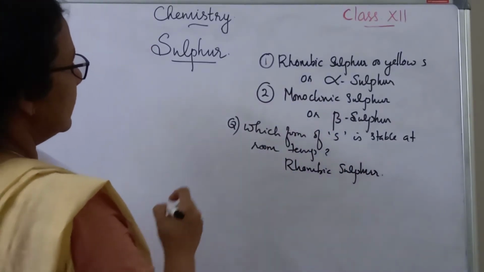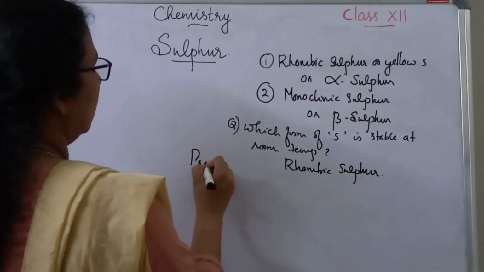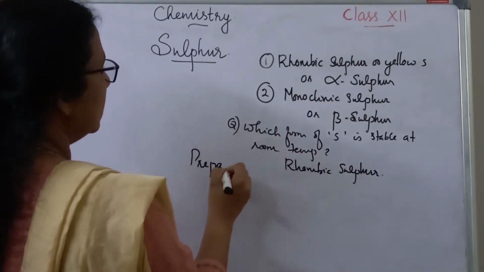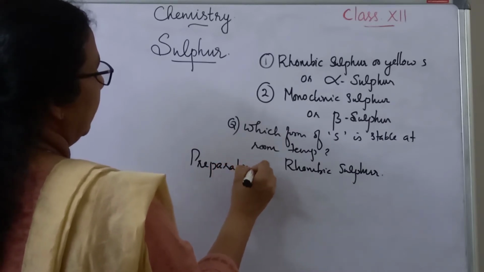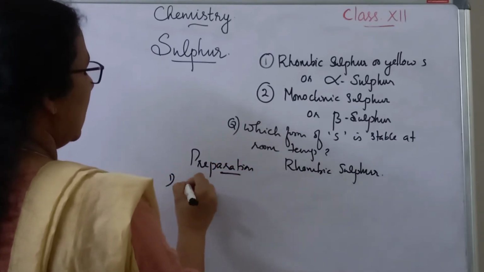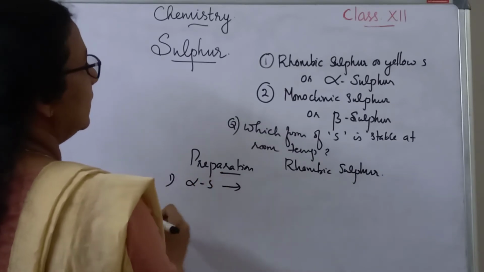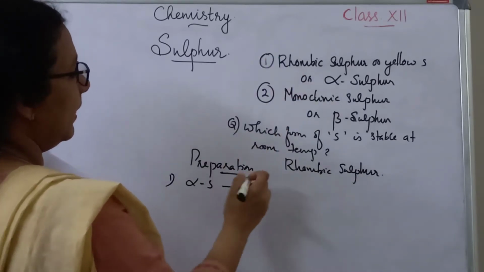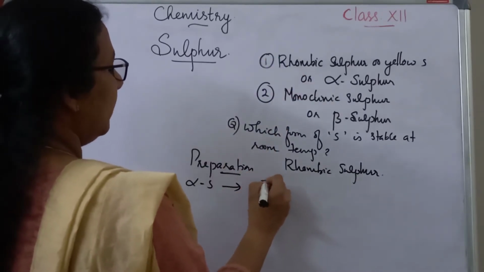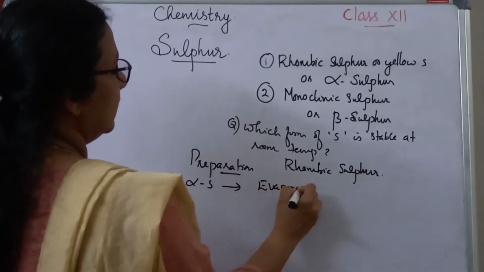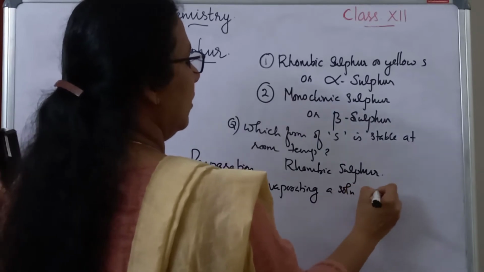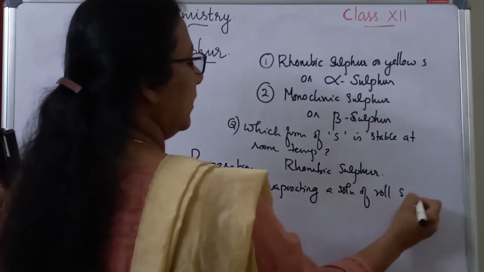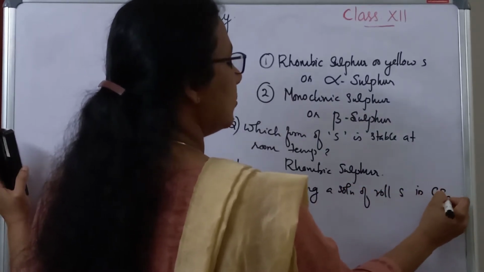Then let us see how these forms are prepared. First, alpha sulfur, or rhombic sulfur, is prepared by evaporating a solution of roll sulfur in CS2.